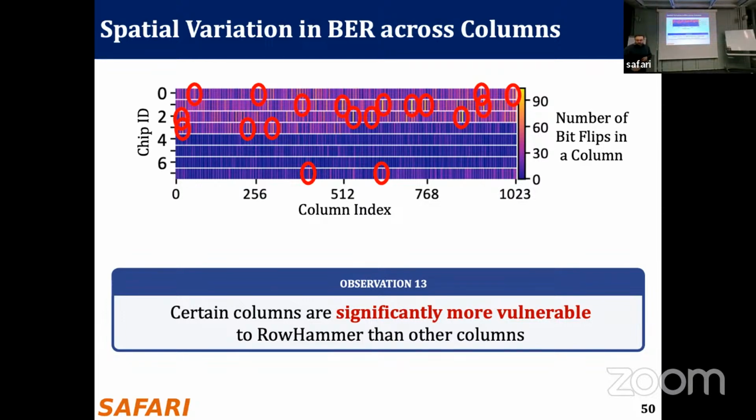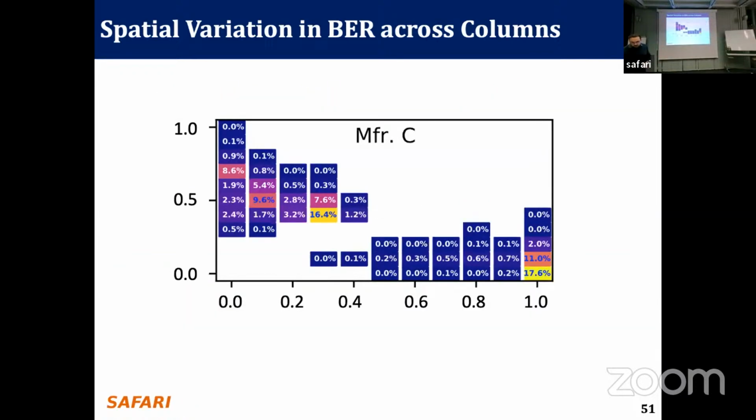And we look into the vulnerability level across columns and the variation across chips in a module to make some sense out of this observation. So this is some normalized plot.